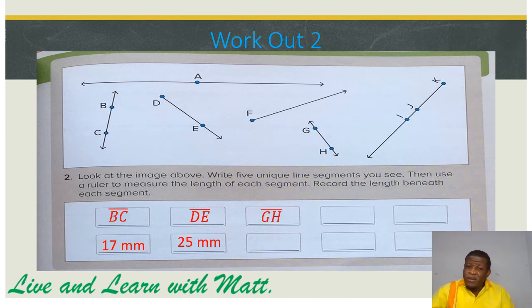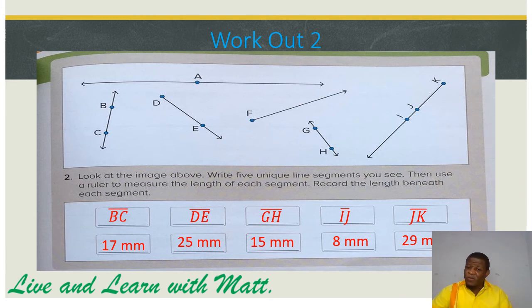Next, line GH, and line GH is 15 millimeters. Next, line IJ. Line IJ is 8 millimeters. Line JK is 29 millimeters. Write it down in your book. You can pause the video now and write it in your book.